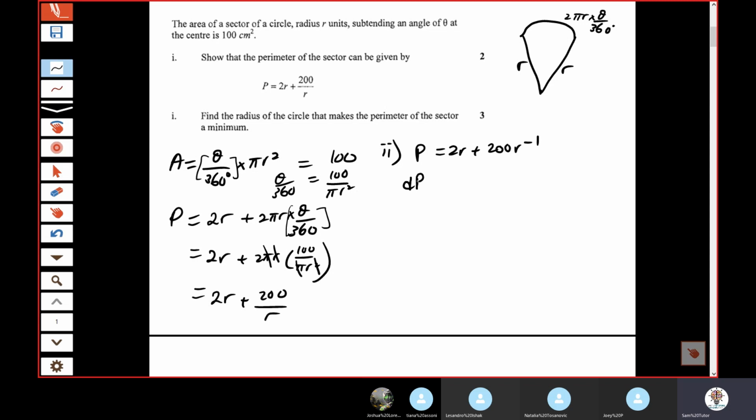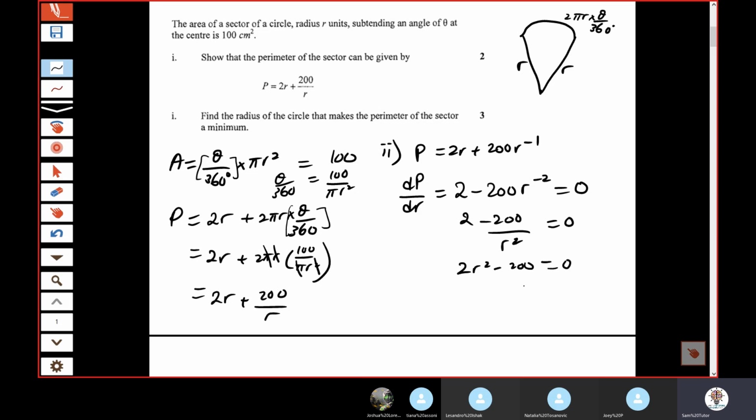Then dP on dr equals 2 minus 200 r to the negative 2 equals 0. What do we do to the r to the negative 2 now? 2 minus 200 on r squared equals 0. What do we do to the r squared now? Times everything by r squared. There we go, we're getting the hang of it.